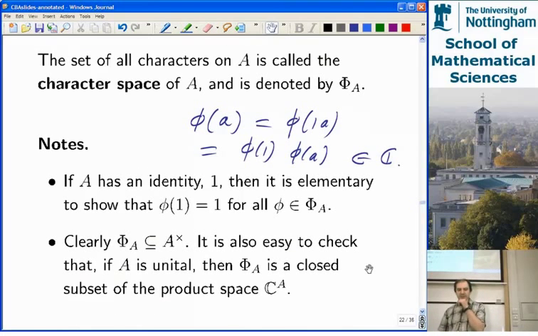And here's a useful fact. Now this is back to the product space. This is like something we had before. What we had before was, remember, the linear functionals were closed in the product topology, and that was an exercise for you to check. Well, it's also true that the multiplicative linear functionals are closed in the product topology. So let me just remind you that A cross was the algebraic dual, the set of all linear functionals.